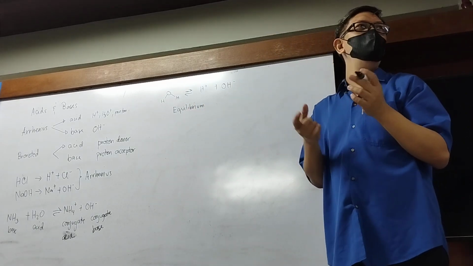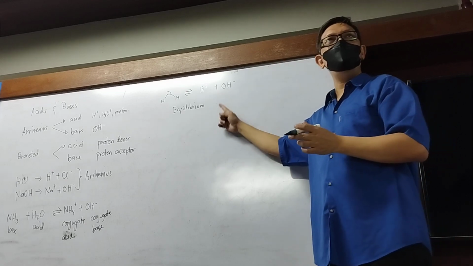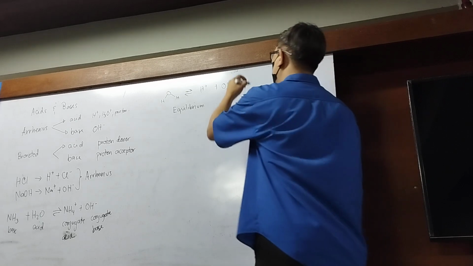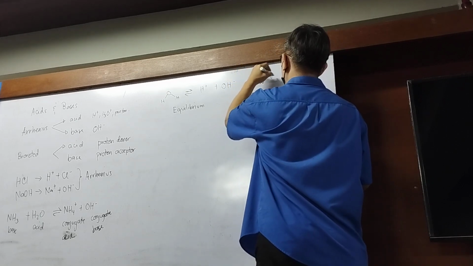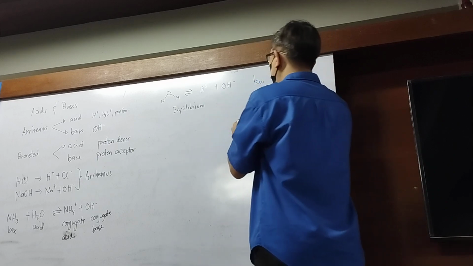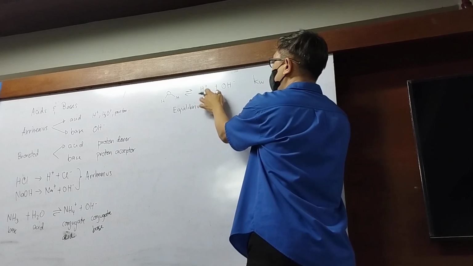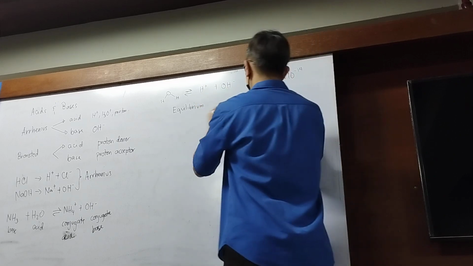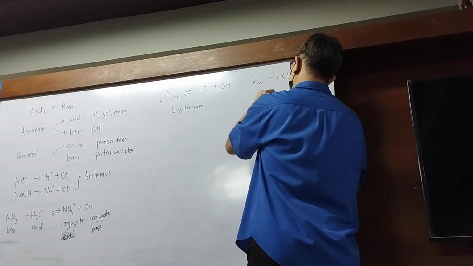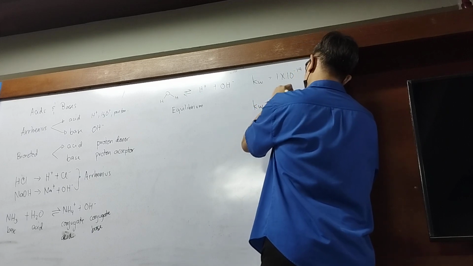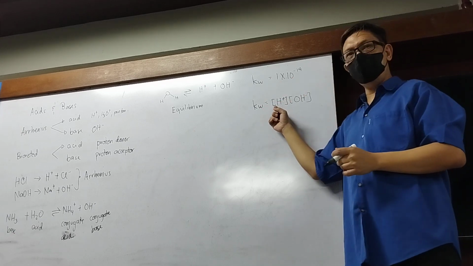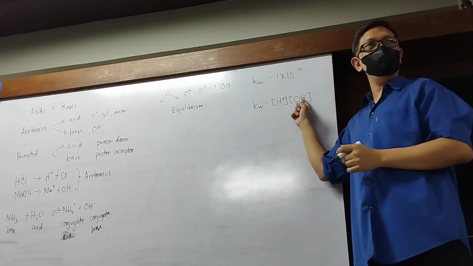So we have what we call an equilibrium constant for this reaction. We call that the Kw. And the value for this is 1 times 10 to the negative 14. Okay? So there's a balancing act between the concentration of this one and this one. So basically, Kw is just the concentration of H plus times the concentration of OH minus.